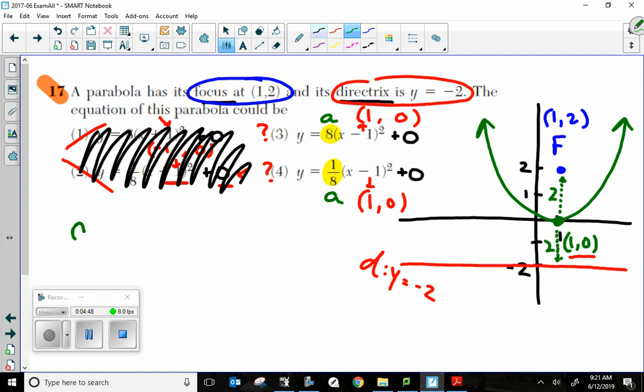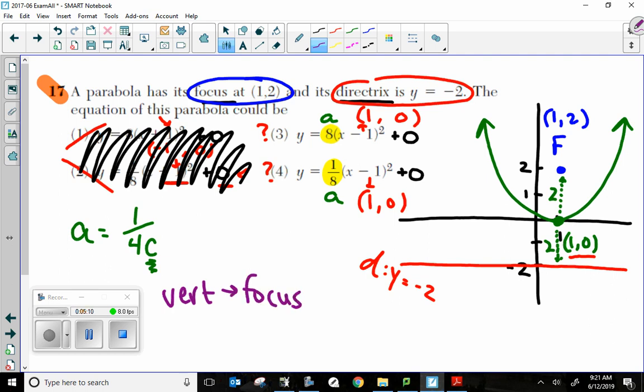My A value, when I taught this, there is an expression, a fraction, 1/4c. The thing is, you need to know what the C value is. That C value is the distance from your vertex to your focus.